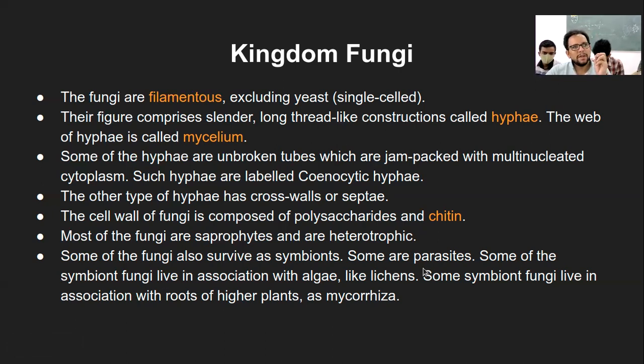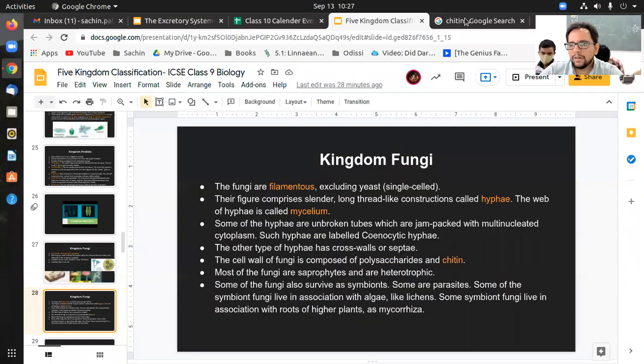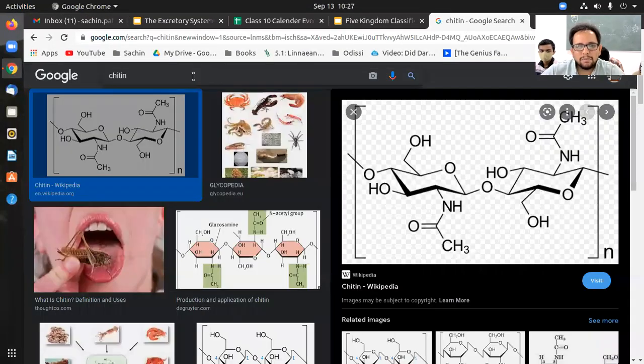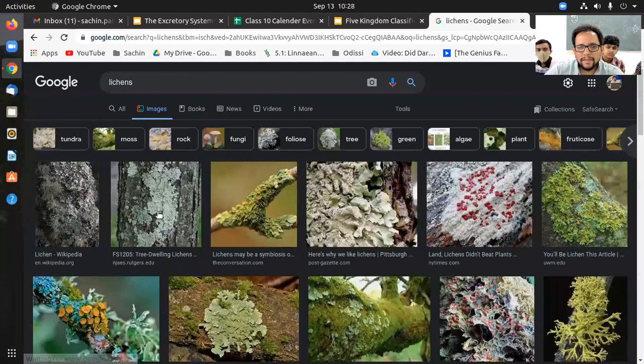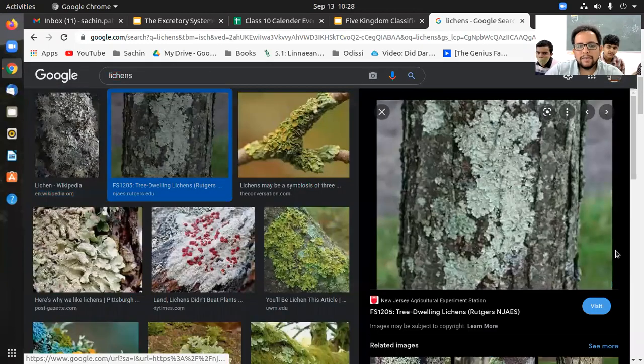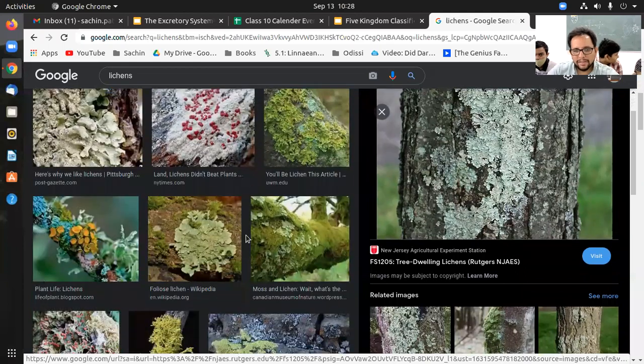Which is a kind of grayish material. Lichens are actually a mixture of fungus and algae. That's what lichen is. This is very commonly seen around.